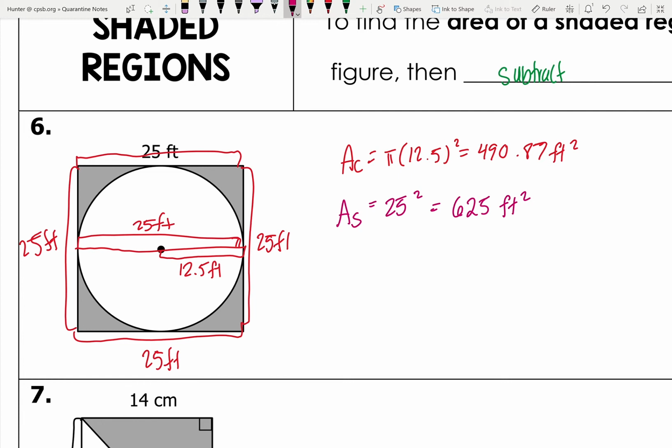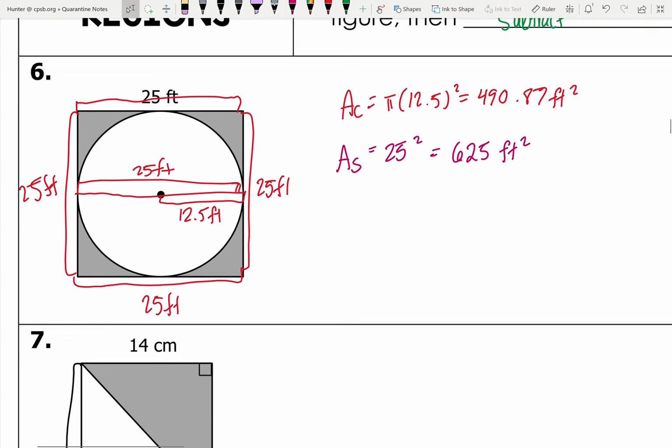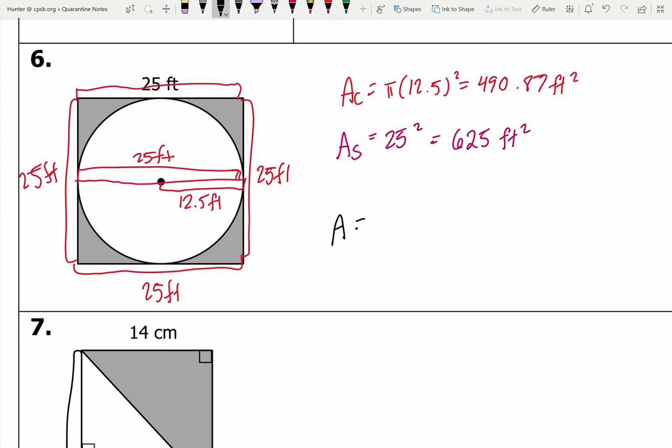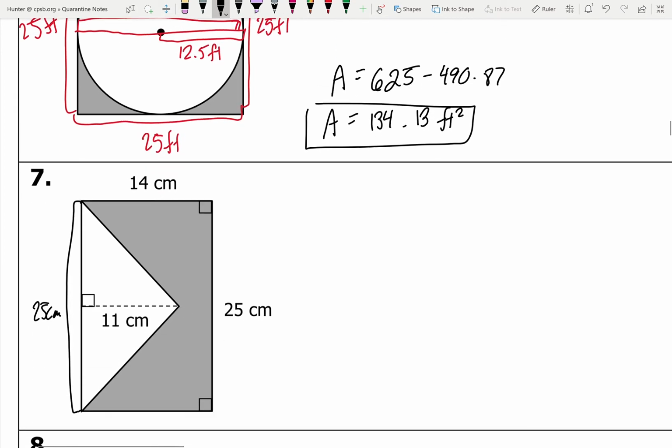Okay, so now we'll find the area of our shaded region, which is just the area of the square minus the area of the circle, for a total area of the shaded region of 134.13 feet squared. Okay.